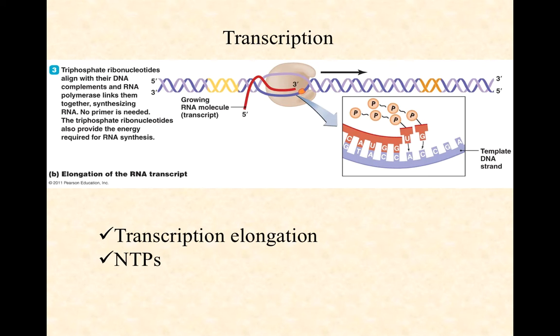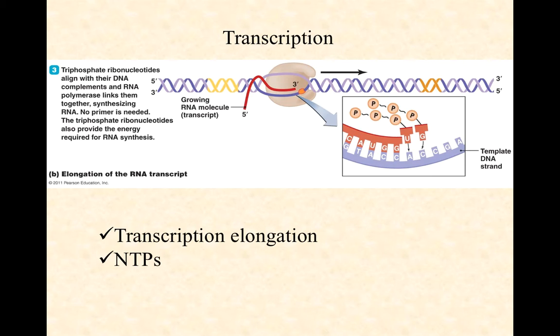In the little inset, you can see the purple template DNA strand, and you can see these individual RNA nucleotides that come in as nucleotide triphosphates, just like ATP. They're in a high energy state, so they provide the energy to actually form the covalent bonds with the growing RNA strand. But you notice they're following the base pairing rules.